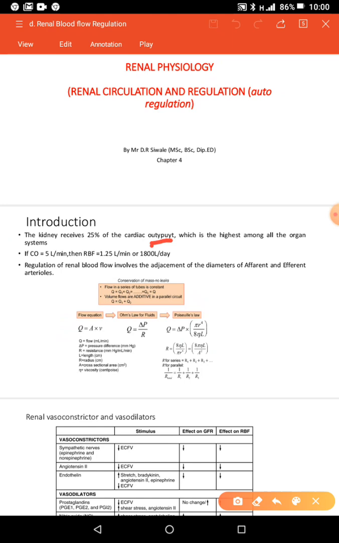If you remember the definition of cardiac output, this is the amount of blood pumped by each ventricle per minute. So for instance, if the cardiac output is 5 liters per minute, then 25% of that will be directed towards the kidneys. Okay.